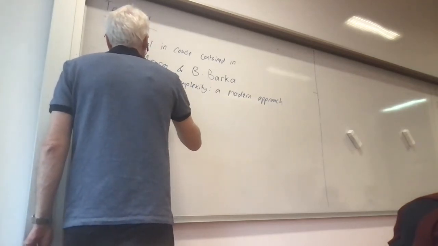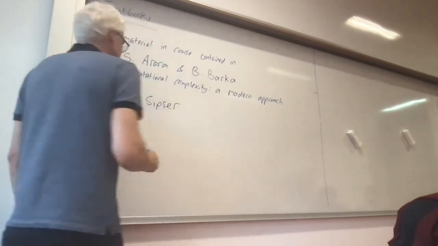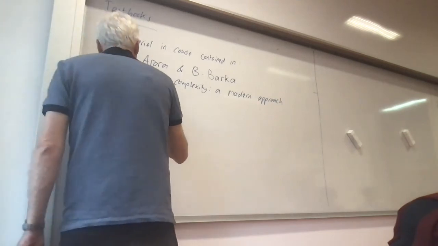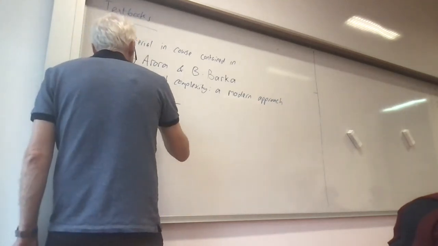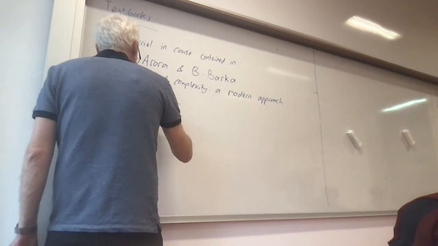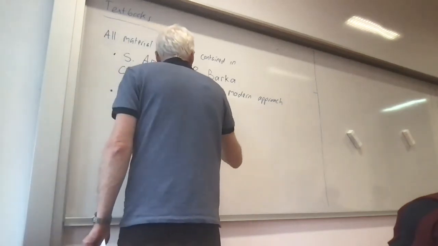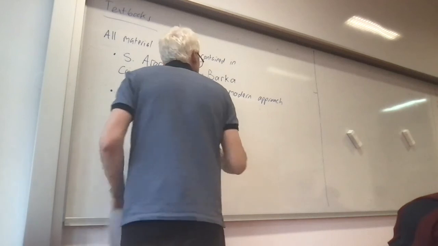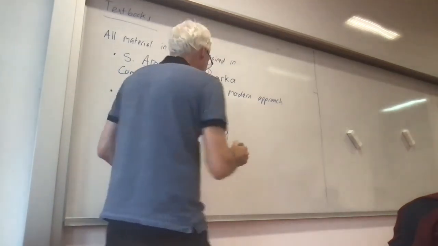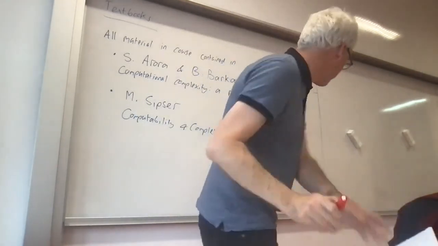There's a book by Michael Sipser. And I think this book is called Computability and Complexity, but I'm not sure. So I shall put these references on the course webpage.